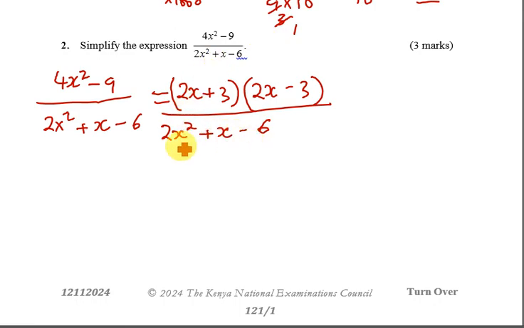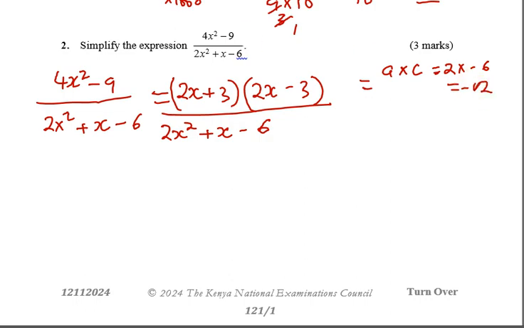Again, if you look at what we have here, this one is a quadratic expression. So what we need to do is look for two numbers which will give us the product of A times C. In our case, A is 2 and C is negative 6. So it is 2 multiplied by negative 6, which gives us negative 12.